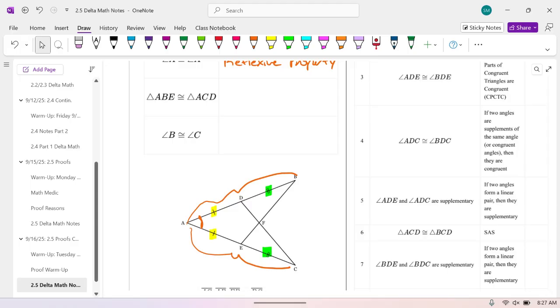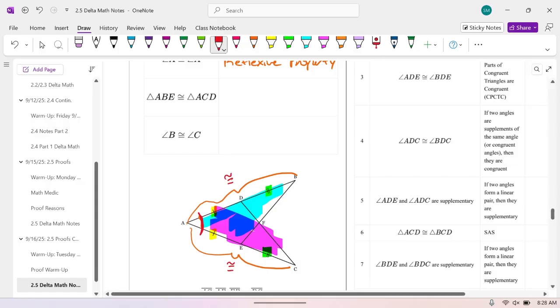So ABE, so this triangle right here, is congruent to ADC or ACD. All right, so they're saying that those two triangles are congruent. Why do you think that is? Which postulate makes that true?